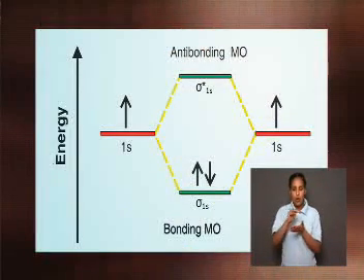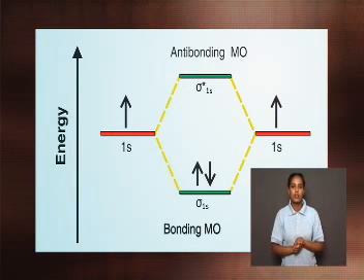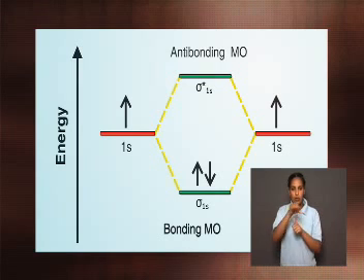Molecular orbital diagrams display the relative energy and number of electrons in each molecular orbital. They also show the atomic orbitals from which the molecular orbitals were formed.